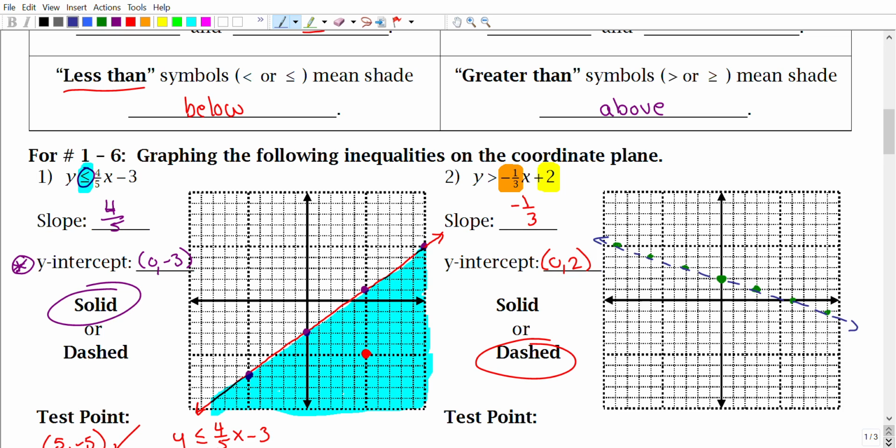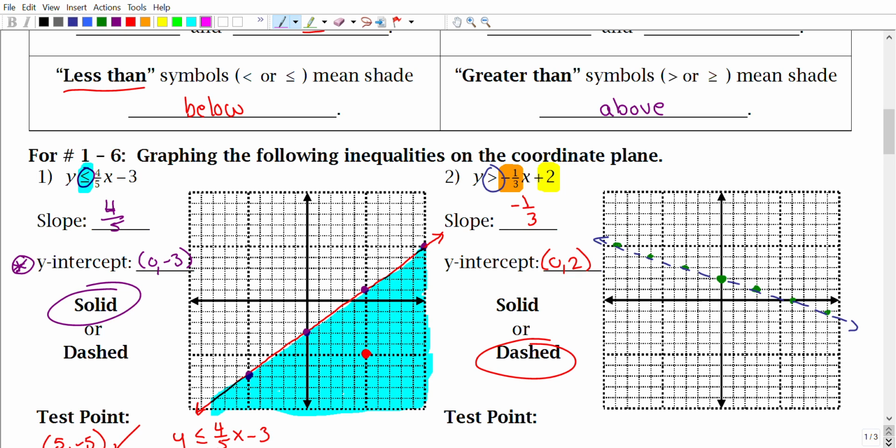Okay? Now, once again, we have the symbol y is greater than, so when we look at our table again, less than symbols we shade below, greater than symbols we shade above. So if you grab your pencil real quick and put it right over that line we just drew, then we would have to shade where? Above that pencil.